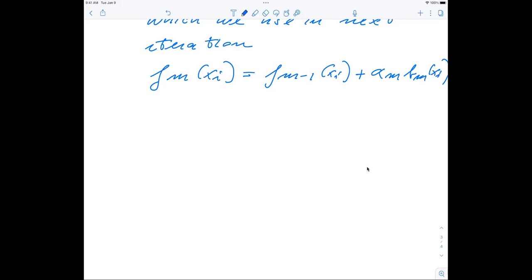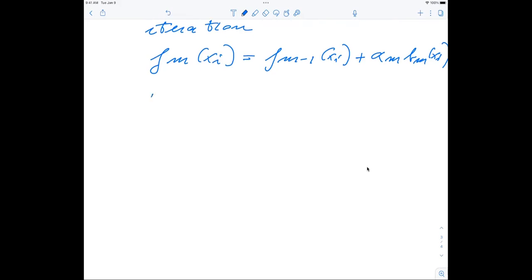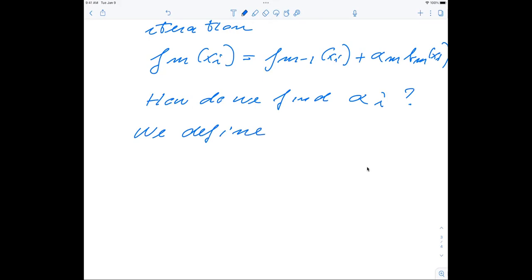So how do we find the alphas? Let's now define an error, because we are going to compute an error, and that's the quantity which we want to drive to 0. So this will also be our cost function. This is also the reason why the cost function is called the error function.